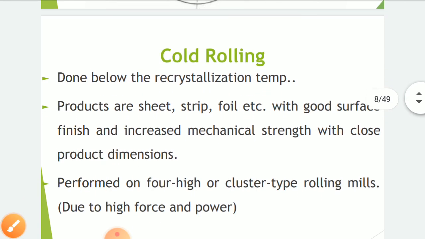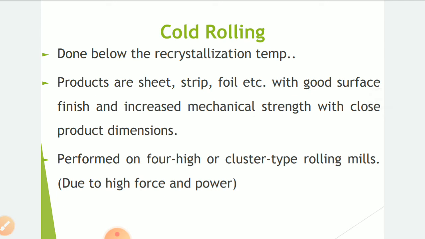Now coming to cold rolling, it is done below the recrystallization temperature, and different products that we generally make using cold rolling are sheets, strips, foils, aluminum foil, etc., with a good surface finish that we already know.